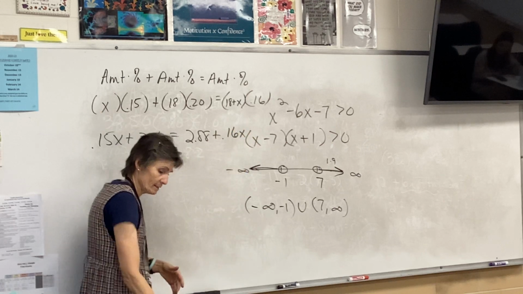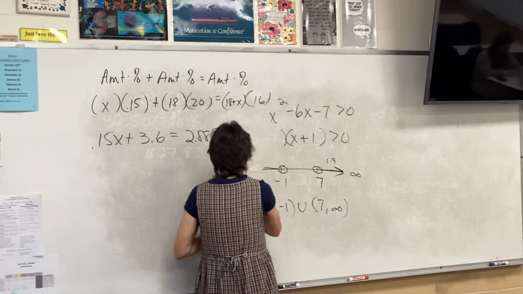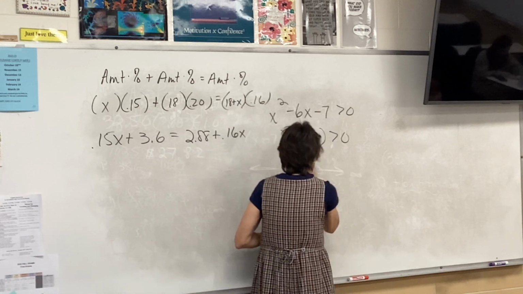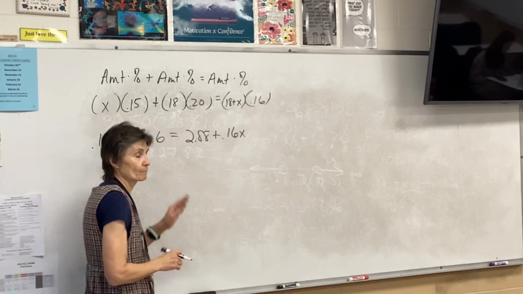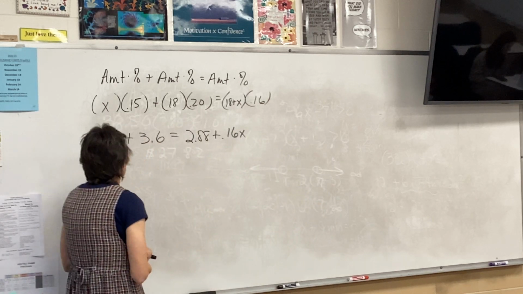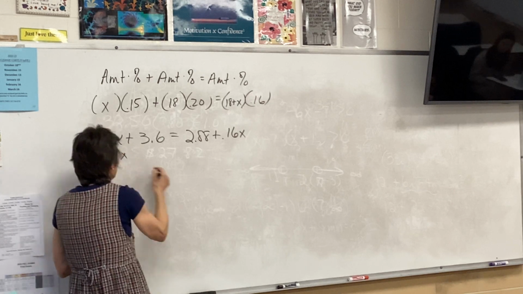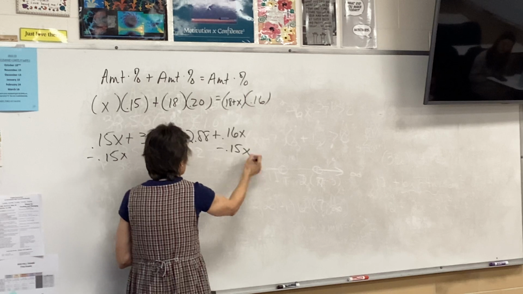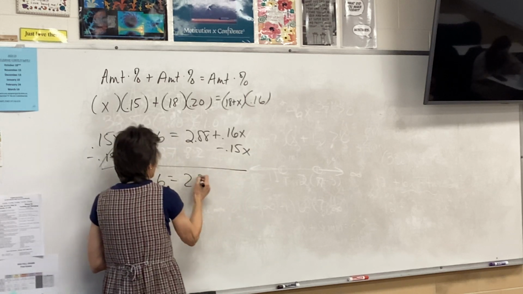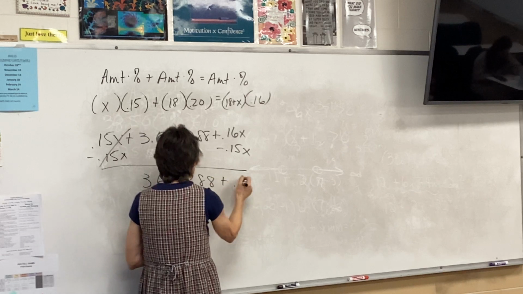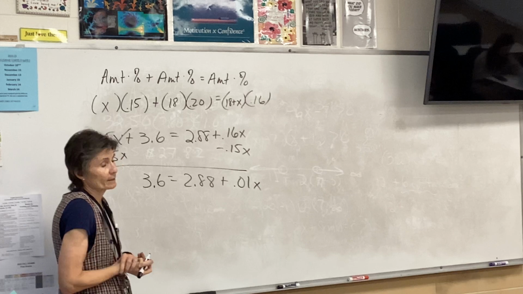All I'm doing is multiplying, distributing, whatever, in order to solve this equation that I have made. So I'll subtract this X over. I'm showing every step. You do not have to. I'm showing every step so that we get the right answer.